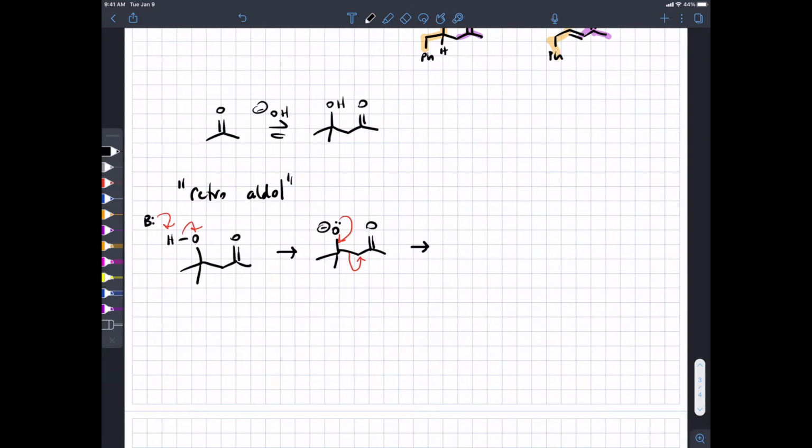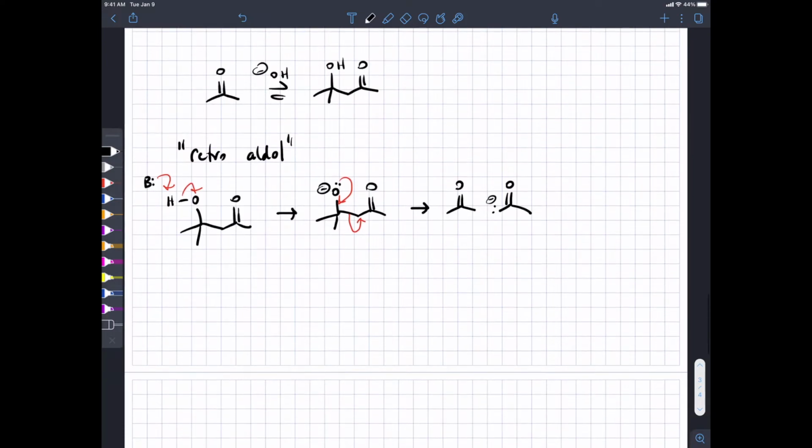You might say a negatively charged carbon is a terrible leaving group, but an enolate is not a terrible leaving group relative to a negatively charged oxygen. So we can kick off that enolate and we could draw its resonance structure, but then finally we would pick up a proton from some source, perhaps the conjugate acid of our base, and that would get us to the ketone starting materials, right? So that's the retroaldol.